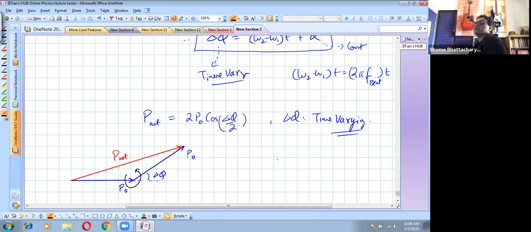It's rotating with an angular speed equal to 2 pi f beat, because your delta phi is equal to 2 pi times beat frequency multiplied by time plus some constant. So this whole thing is actually going around a circular path like this.